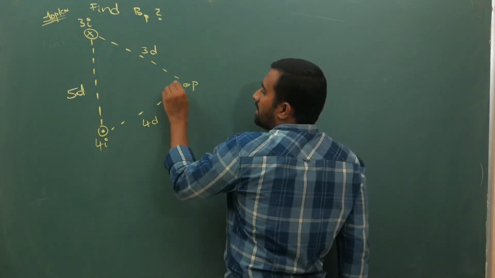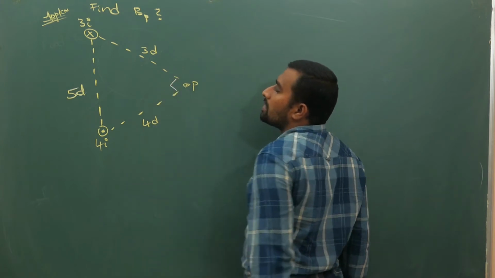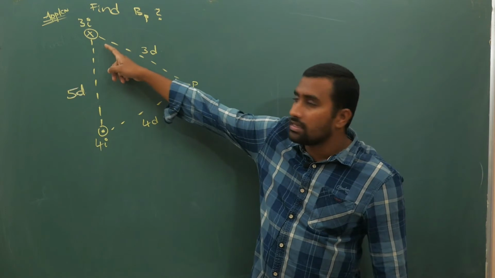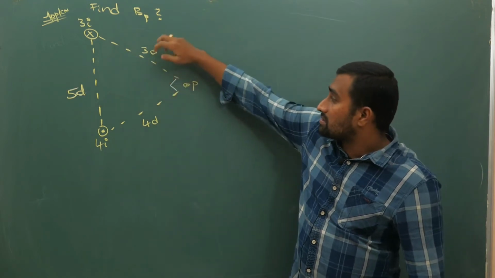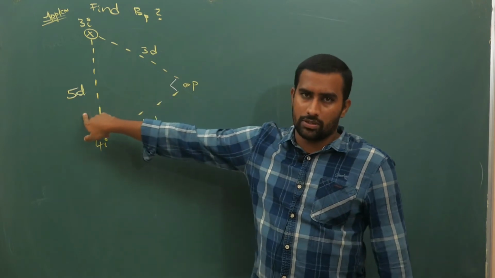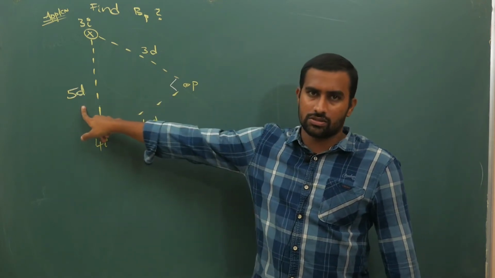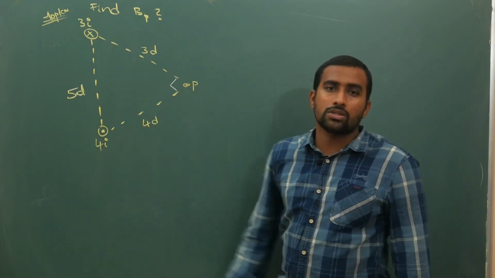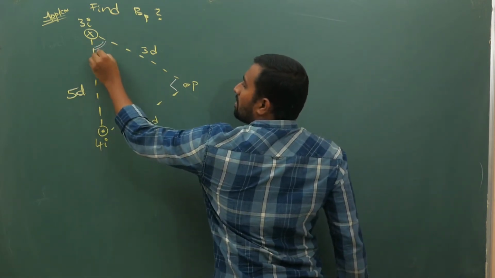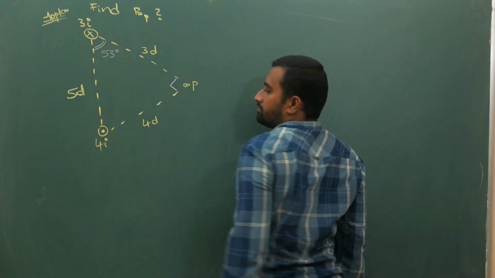Now within this triangle, if you apply sin theta, it is opposite by hypotenuse, 4D by 5D, so that is 4 by 5. If sin theta is 4 by 5, obviously this is going to become 53 degrees.